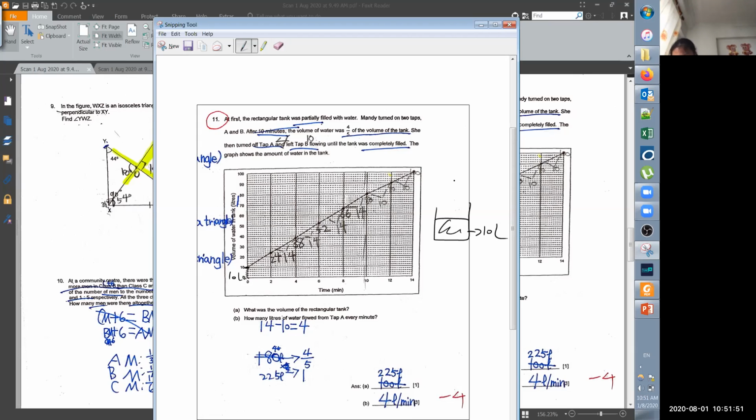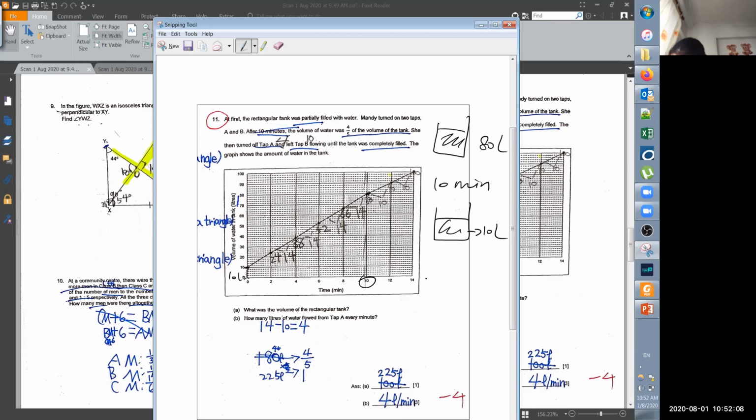After 10 minutes, 10 minutes 在哪里？这里。So the 80. So after 10 minutes 就变成 80.